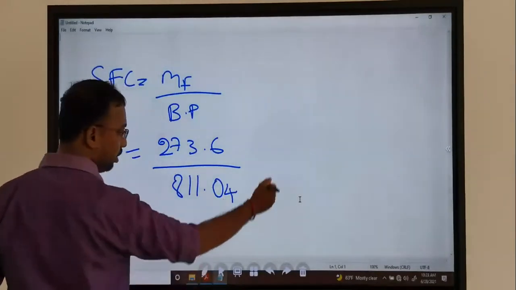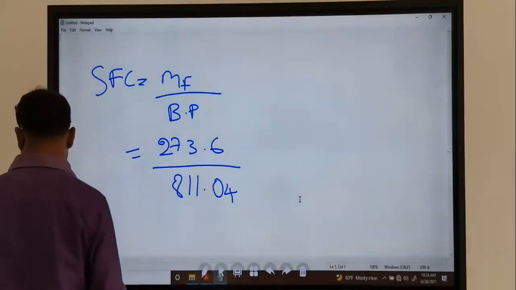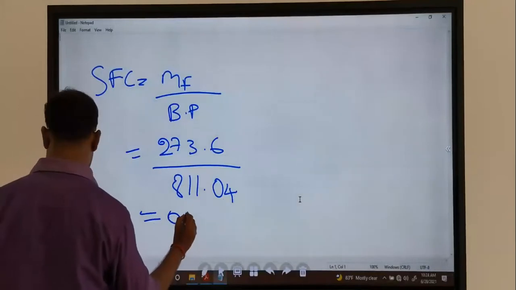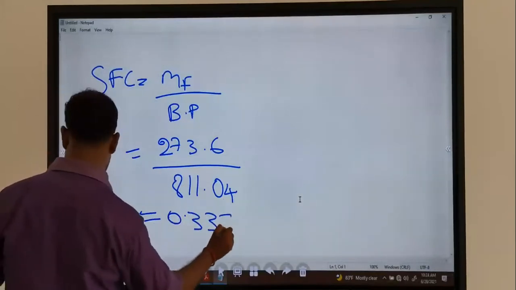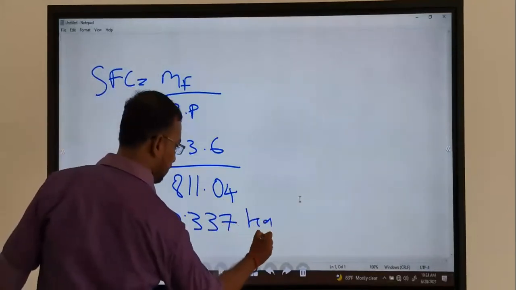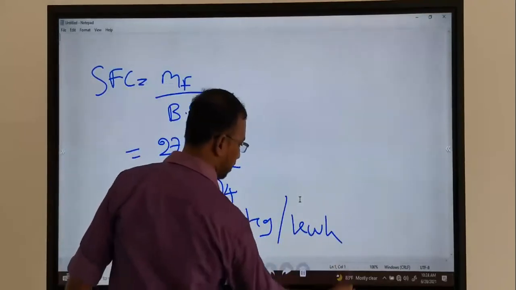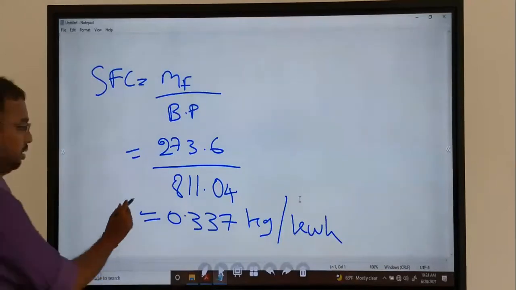No need to put the 10 to the power 3. So here 0.337 kilogram per kilowatt hour. This is the answer.